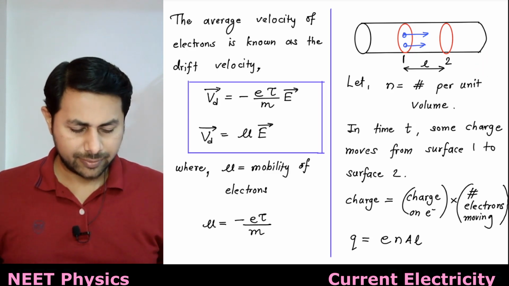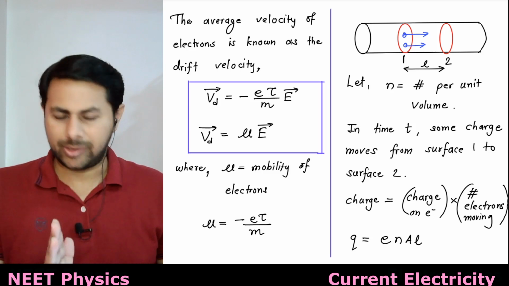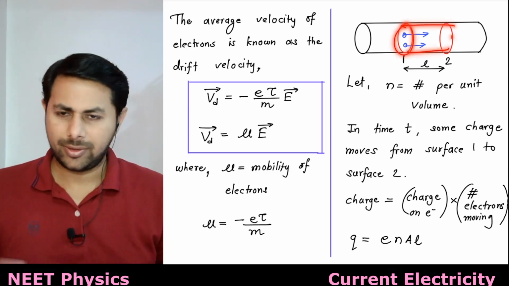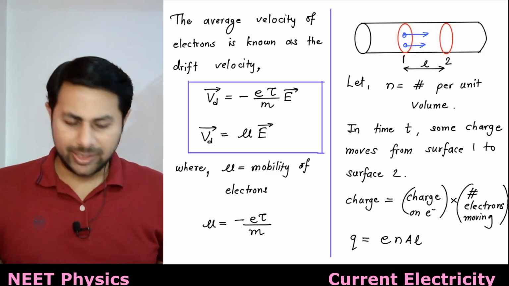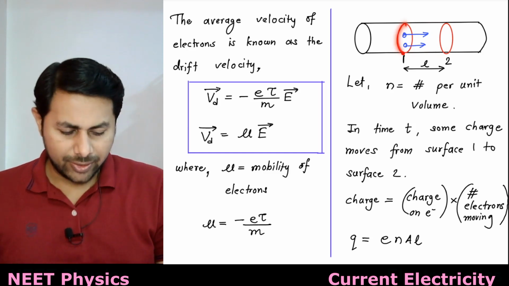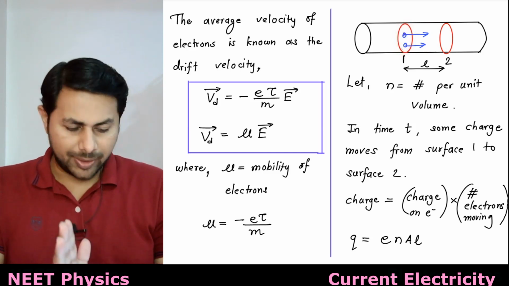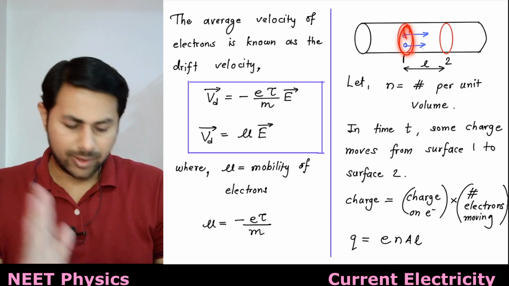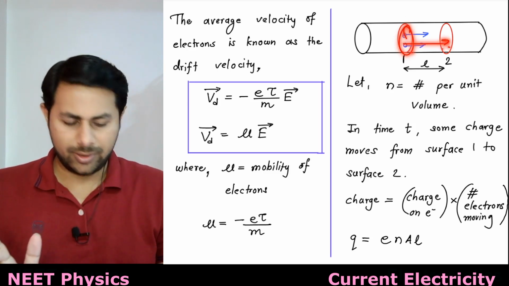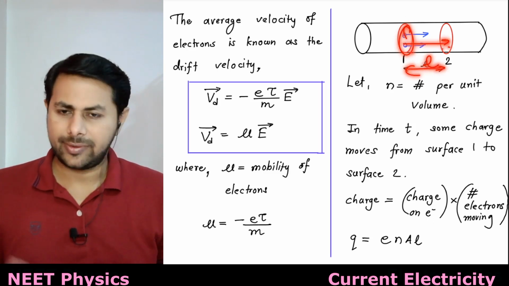So how much charge moves from here to here? When electrons from this cross section move till here, this much length is L.